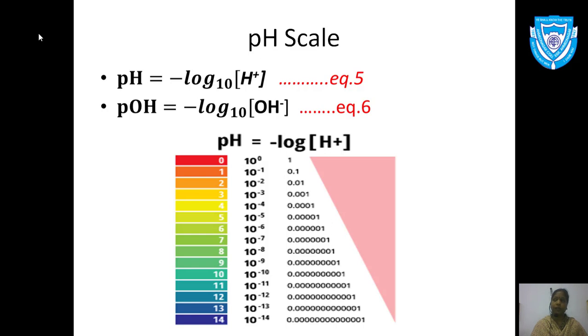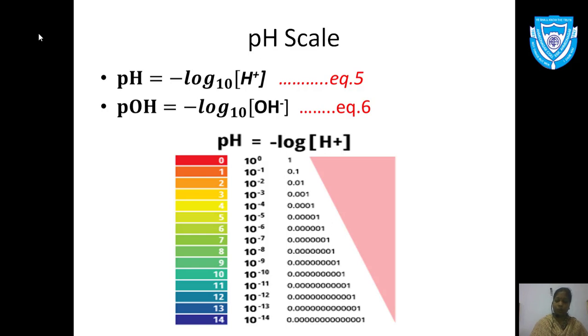So it's very convenient to express the concentration of H plus if it is very small. So for the lower scale of H plus ion concentration, the pH scale is used. It's just a measurement of H plus ion concentration on a different scale and nothing else.